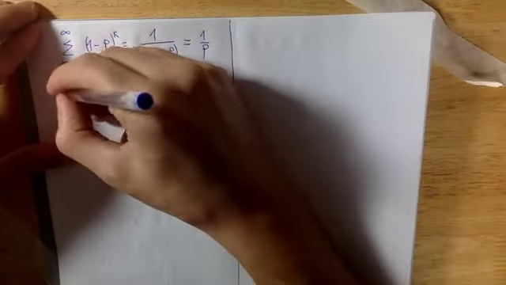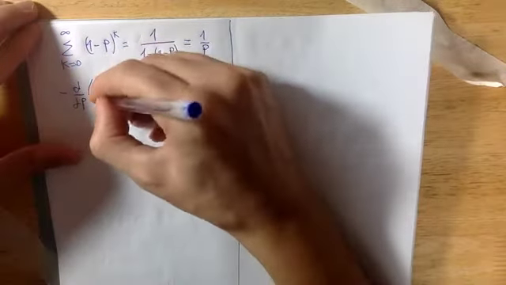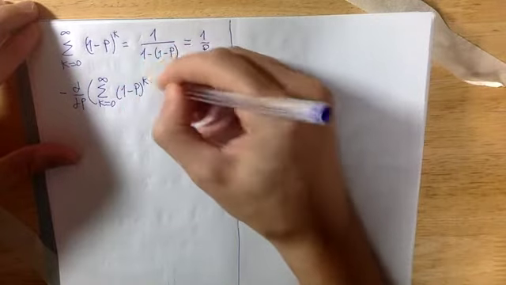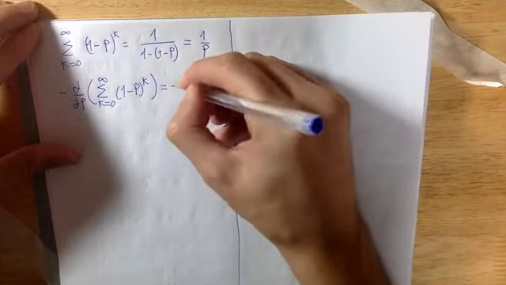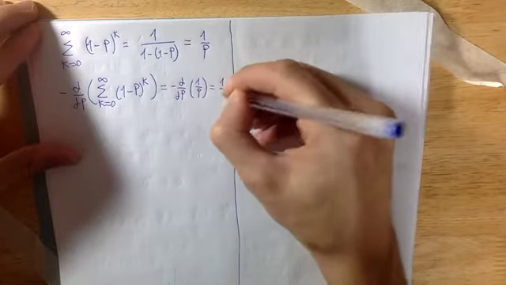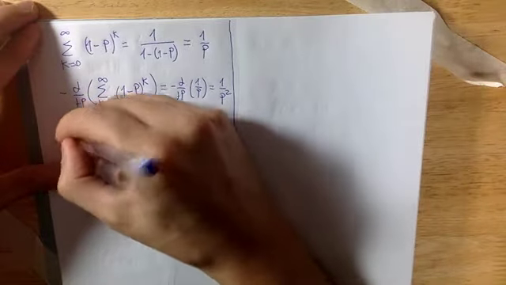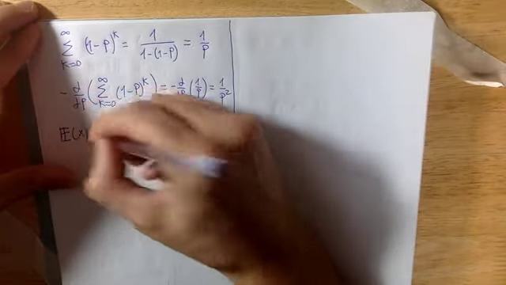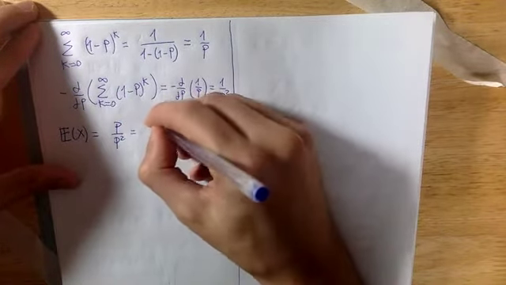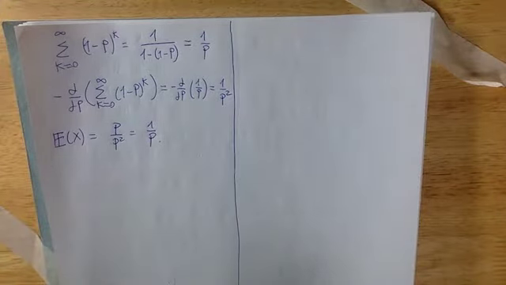So then minus the derivative with respect to p of the summation is going to be minus the derivative with respect to p of 1 over p, which is equal to 1 over p squared. Hence, the expectation of x is going to be equal to p over p squared, which is equal to 1 over p.